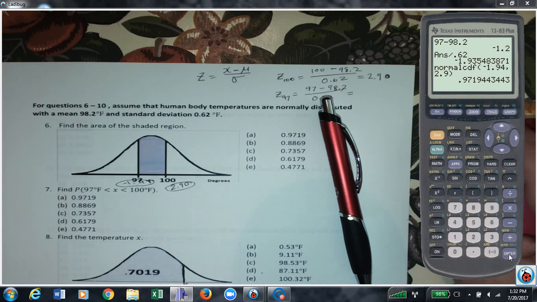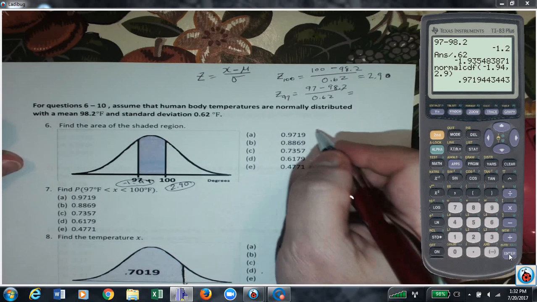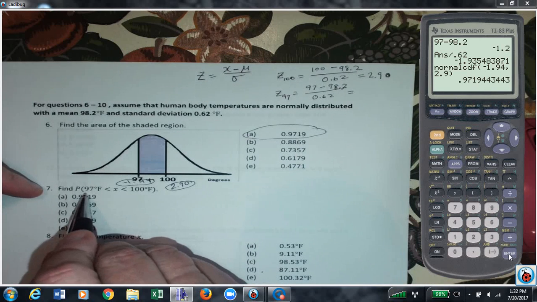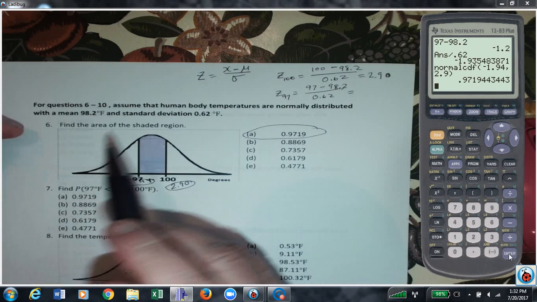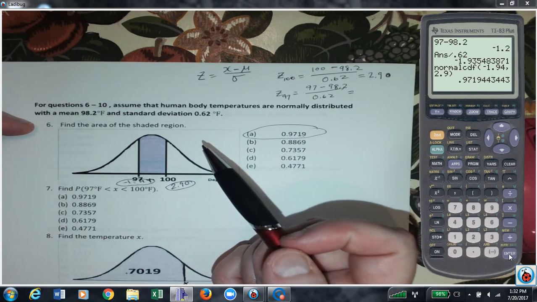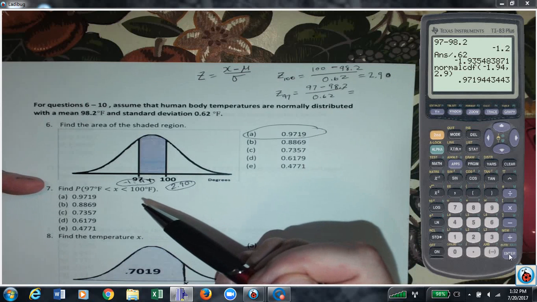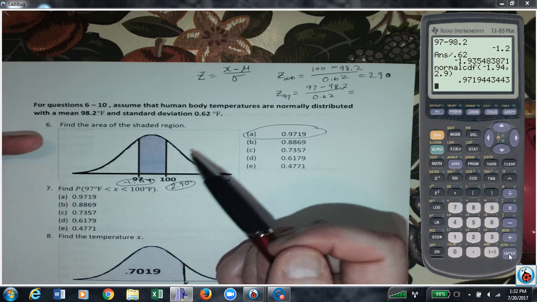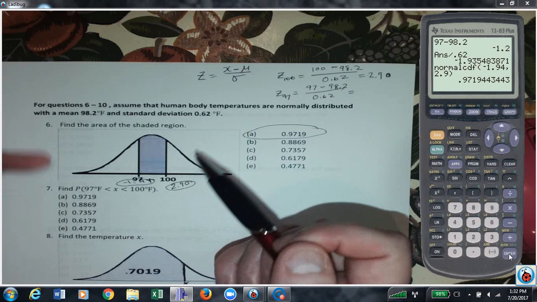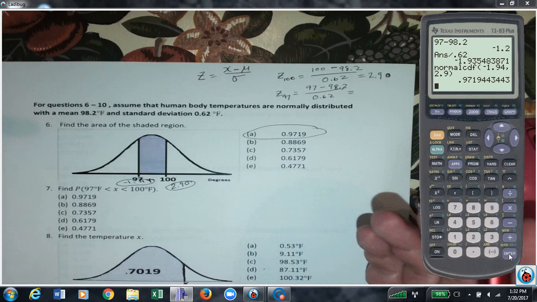And that's going to give me 0.9719 to 4 decimal places. Okay, now number 7 is asking me the exact same question as number 6. So number 7 was just a repeat to see if you can recognize that these are the exact same questions but in different forms.